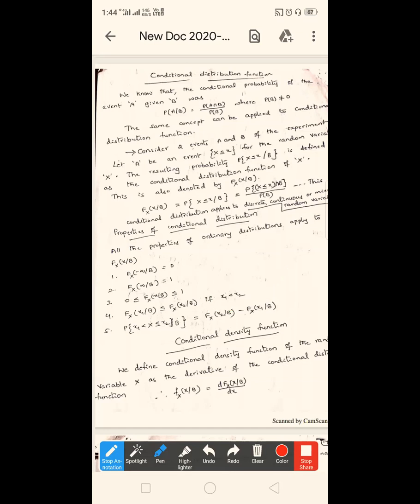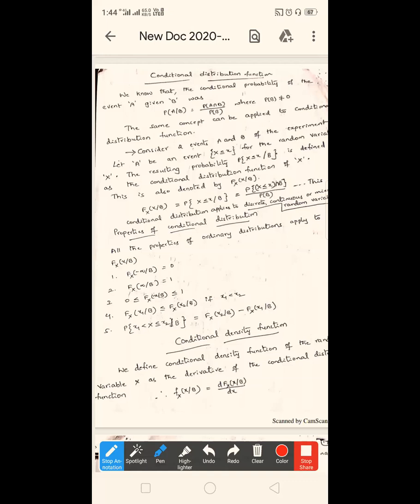Whereas for the cumulative distribution function and probability density function, the properties are very, very important. We have to prove the properties also. In the exam they will ask: prove the properties of cumulative distribution function, state and prove the properties of probability density function. But for the conditional distribution function, proofs are not important. That's why I'm not explaining.